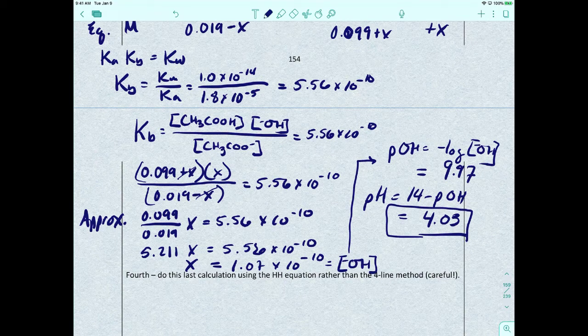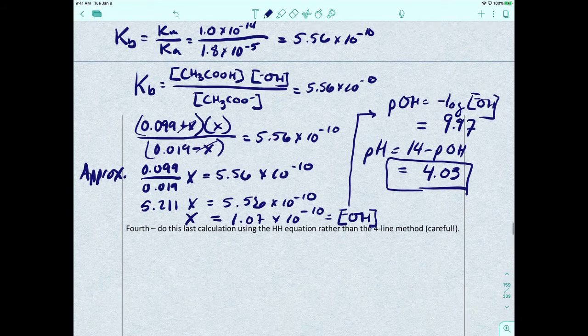All right, so here's our next problem. Do this last calculation using the Henderson-Hasselbalch equation rather than the 4-line method. It tells us to be careful. So here's what we're going to do.